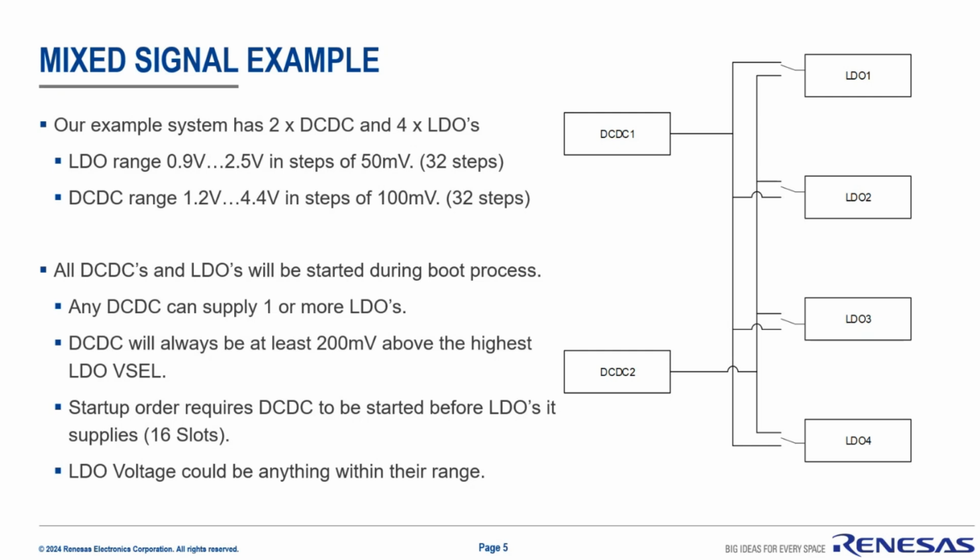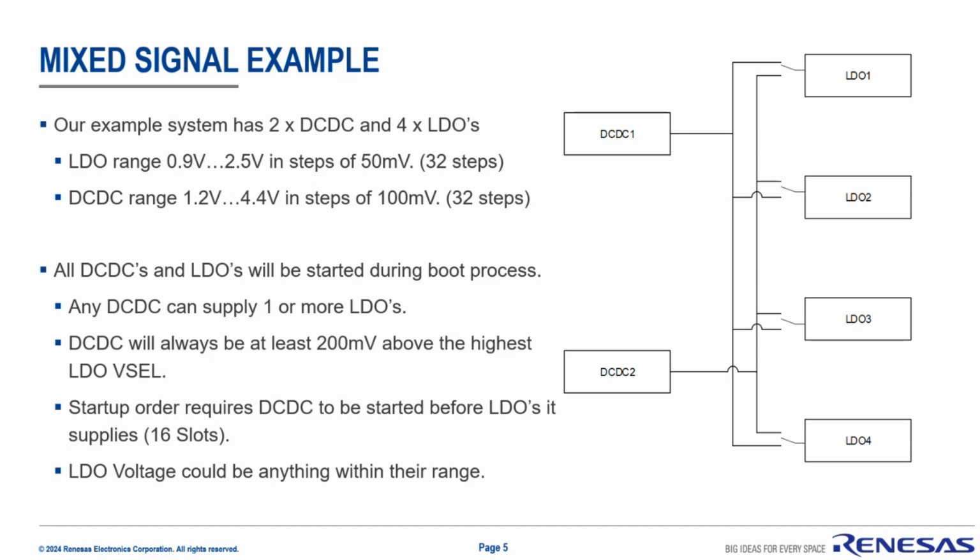One of the things that we always need to be conscious of is that each DC to DC converter has to have a headroom of at least 200 millivolts above the highest voltage selection on the LDO that it's actually supplying. The other thing we have in this system is a scheduling system to schedule the startup order of all of these power converters.